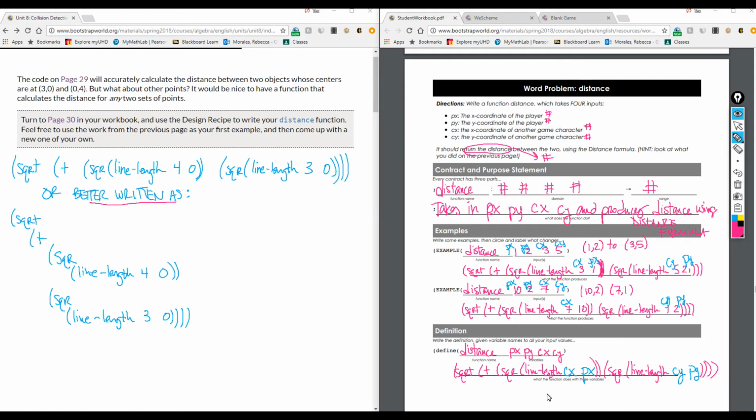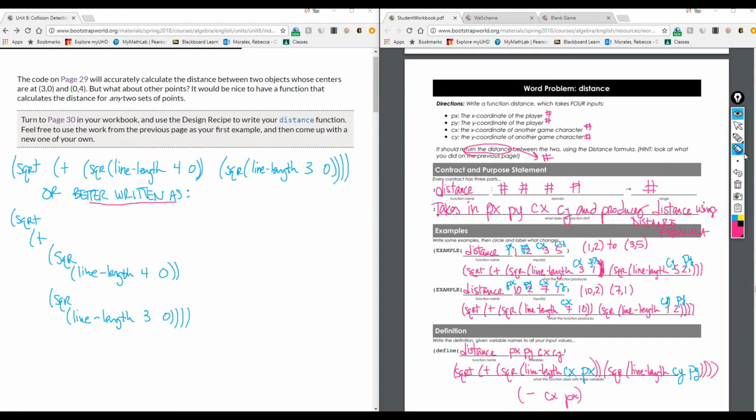Now, I'm going to make a quick note. Some people might still want to try and do something like minus cx px. But the problem with that is, in this case here, cx and px, if you'll notice that's 7 and 10. 7 minus 10 would have gotten you a -3.